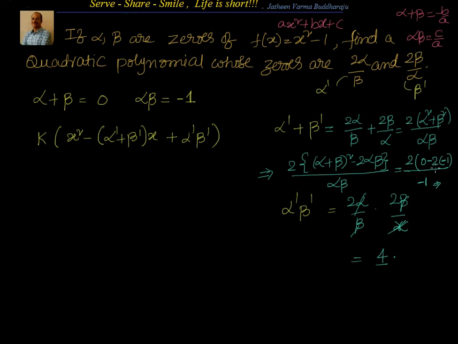This value is equal to 2 into 2 is 4, 4 by minus 1 is minus 4.